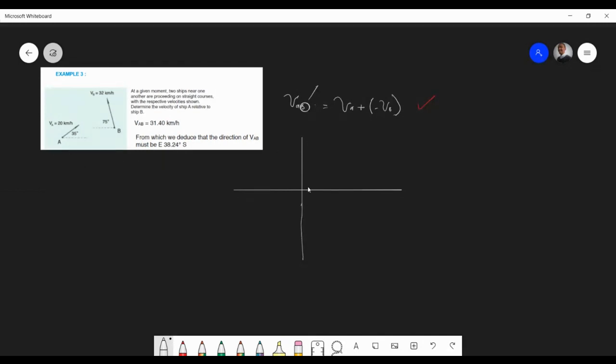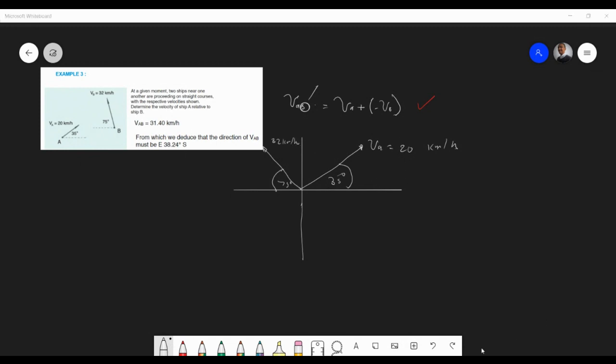The first body A, can you see how we're plotting it? That's A, or call it VA. Velocity of A is moving at 20 kilometers per hour at 35 degrees. Velocity of B, put it like this, at 75 degrees. Nice. And this will be 32 kilometers per hour.